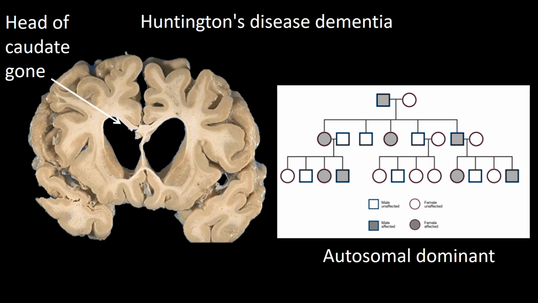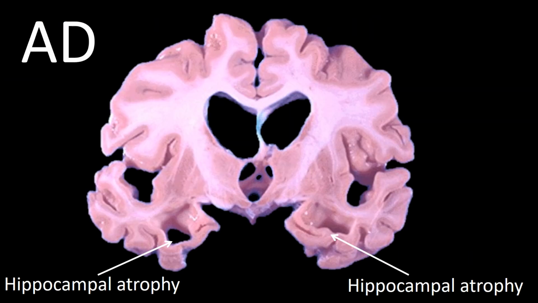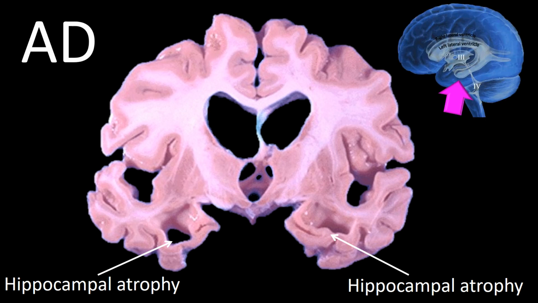Huntington disease is an autosomal dominant condition characterized clinically by choreiform movements. These movements usually precede the sign of dementia. Alzheimer's disease produces hippocampal atrophy that translates into enlarged anterior regions of the temporal horn of the lateral ventricles.